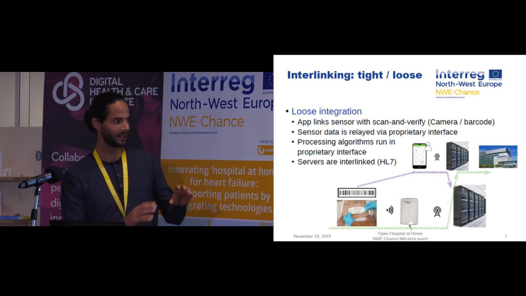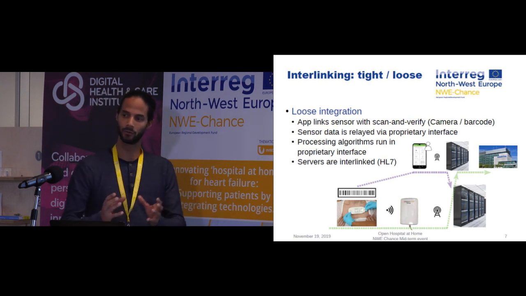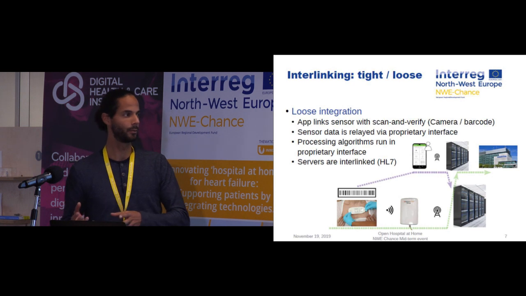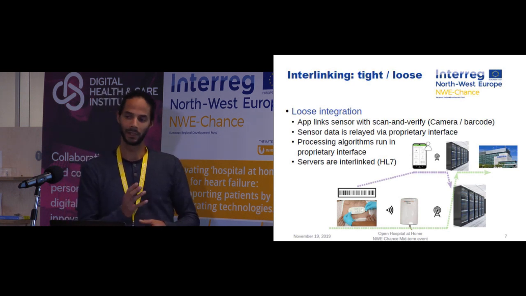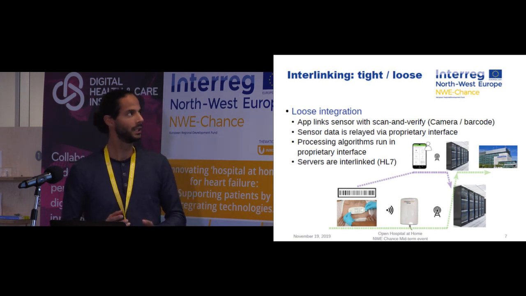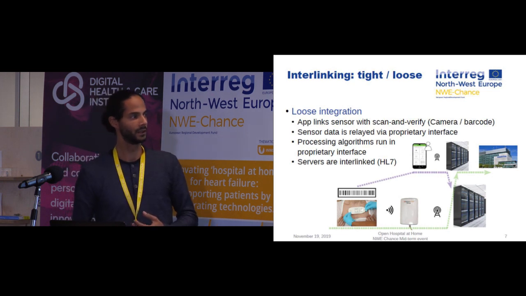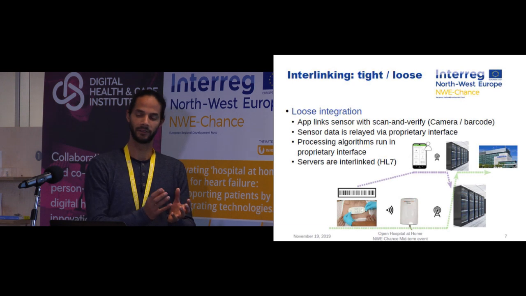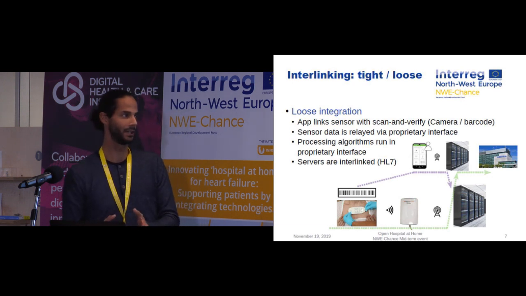So in this case, the sensor has its own transmission mechanism and its own data centers with its own processing. And the way we integrate that into the platform, what we call loose integration, is to link the identity of the patch to the identity of the patient.